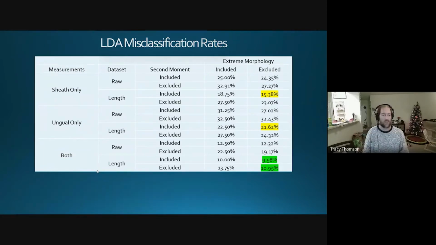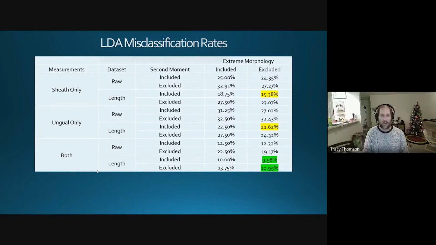So what I figured out is that if you only have the sheath of the animal, use the lengths, include the second moment of area, the cross-sectional area, and take out any unusual, really weird stuff, you can get the misclassification rate down to 15%. That means about 85% are classified correctly.